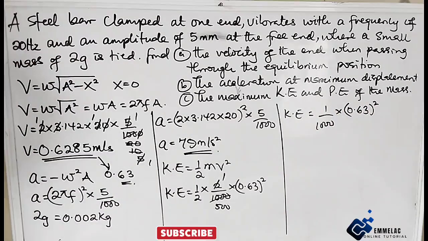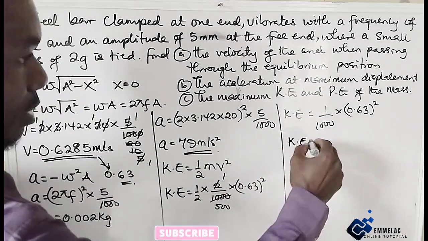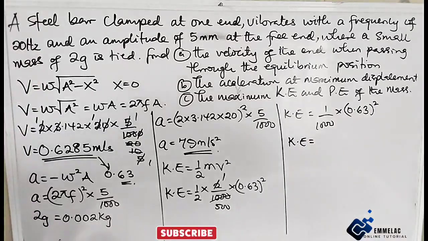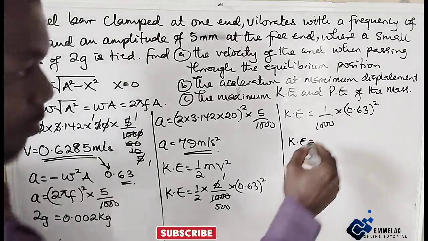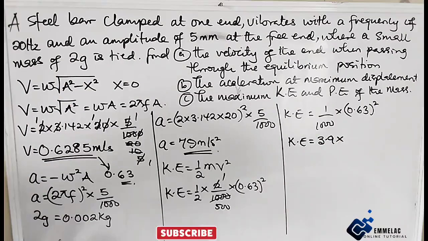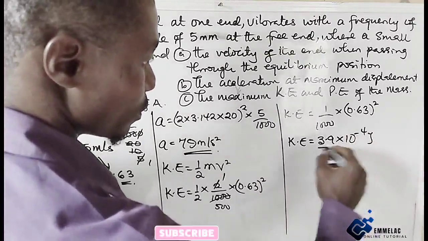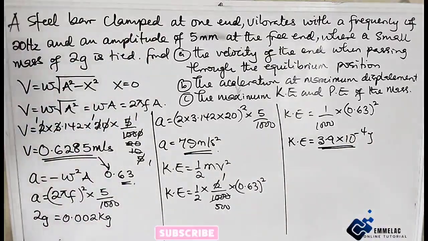Now punching our calculator here, you have 3.9 times 10 raised to the power minus 4 joules. So that is that for the kinetic energy.